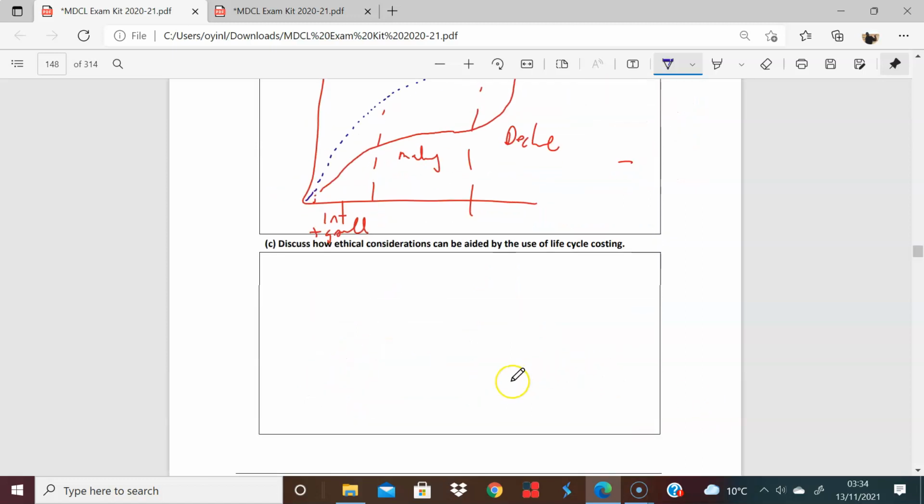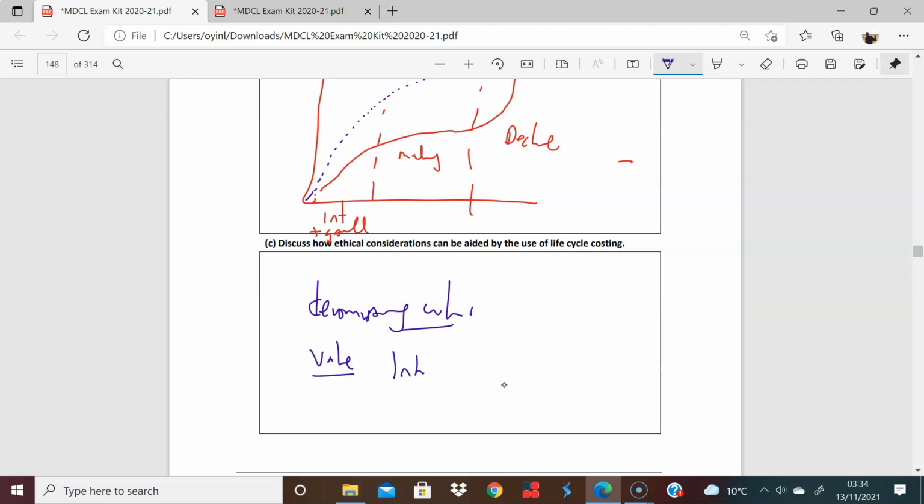And then when we talk about the ethical considerations, I think the earlier question talked about decommissioning costs or cleanup costs right at the end. We can also consider there's so much about recycling, and there's so much about value adding. So even at R&D, we want to be using products that are biodegradable.